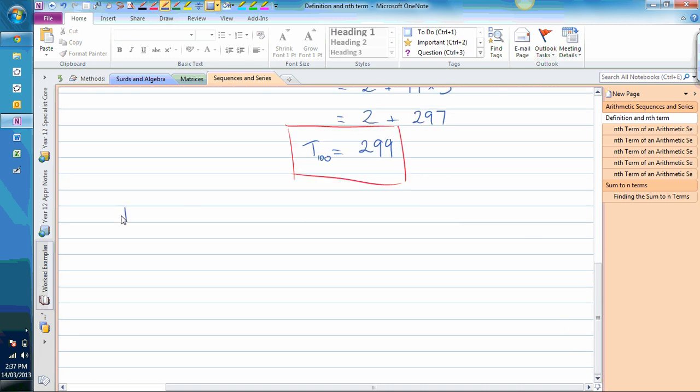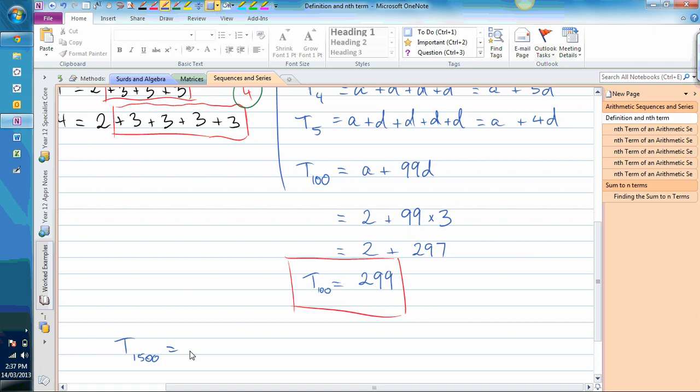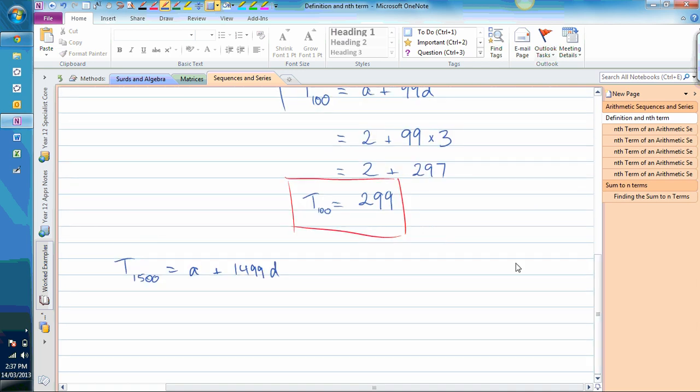Similarly, if I wanted to find out term, say, 1500, that would be pretty easy too. I can use the same idea. It's going to be a plus 1 less than this, which is 1499 times d. I'm not going to work that out. I would do it like this: A is 2, d is 3, and then I could calculate that. It'd be some really big number.